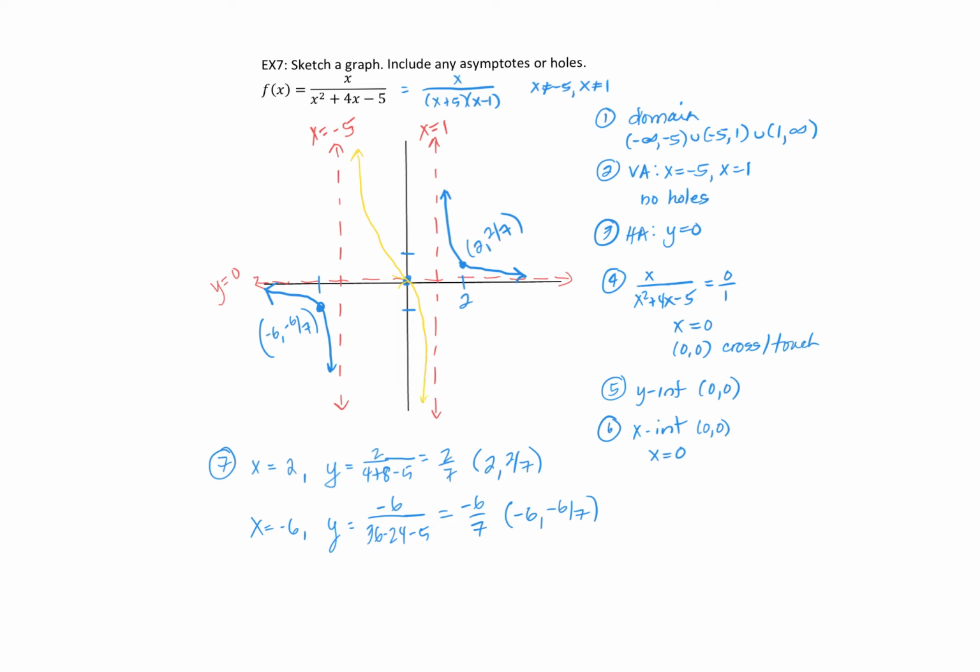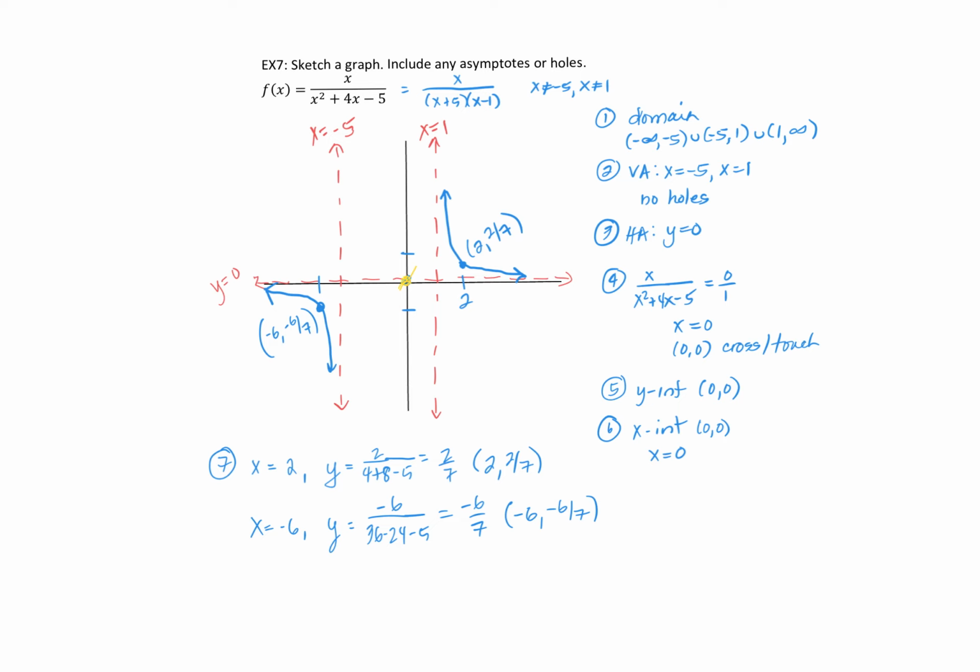Or we could start low, cross through and go high. There's actually 4 choices here. So what we need to do is find values on either side of that cross touch so we can get a better idea of what our graph looks like.